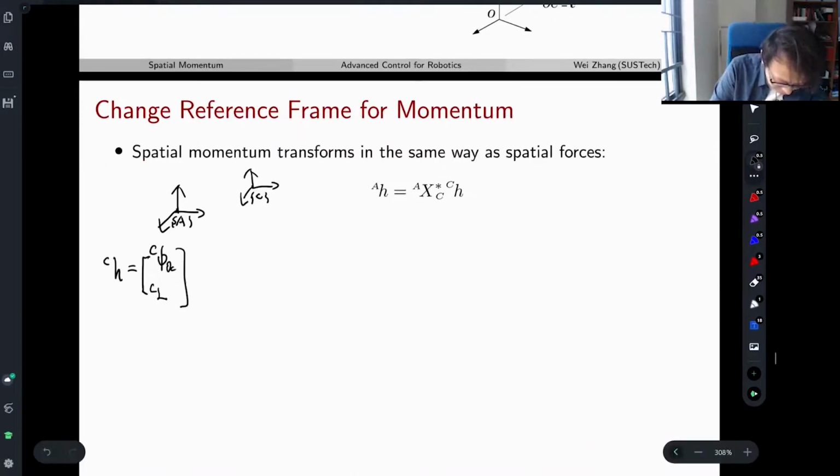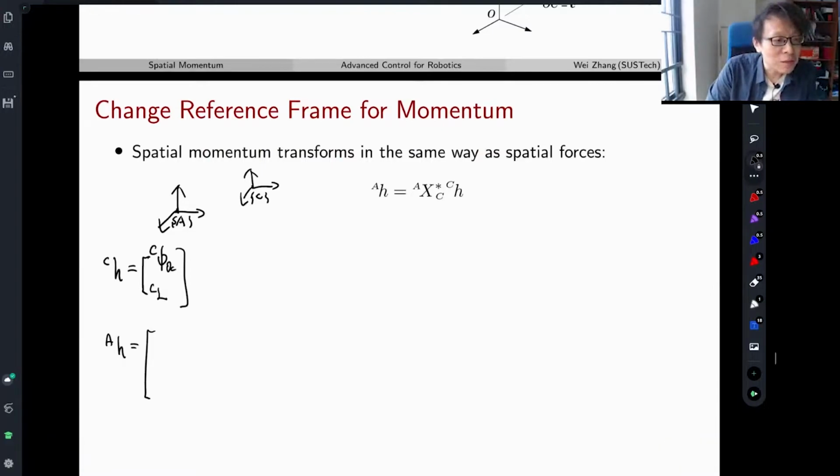I hope that's clear. This is H in A. Maybe I can test your understanding, Liu Ben. What would be my notation here?